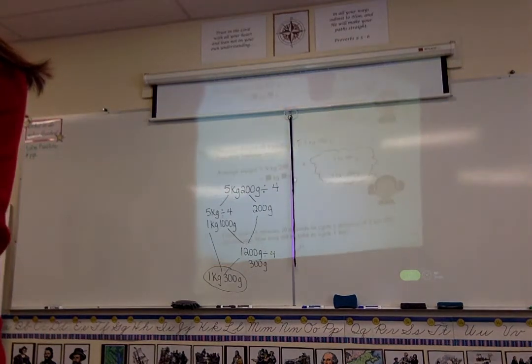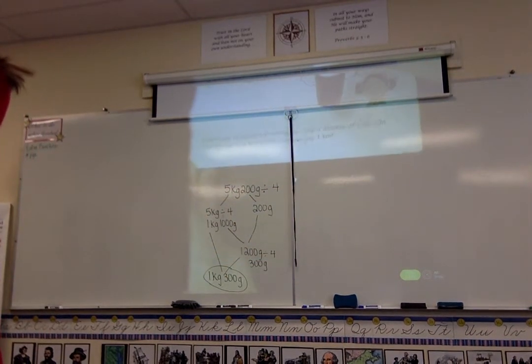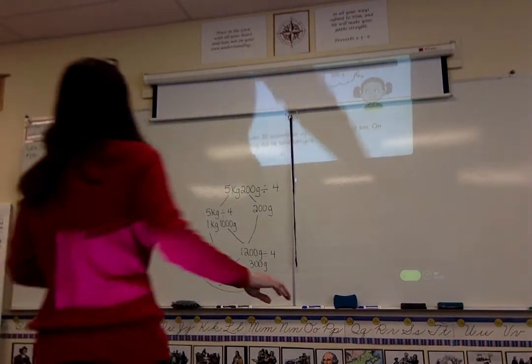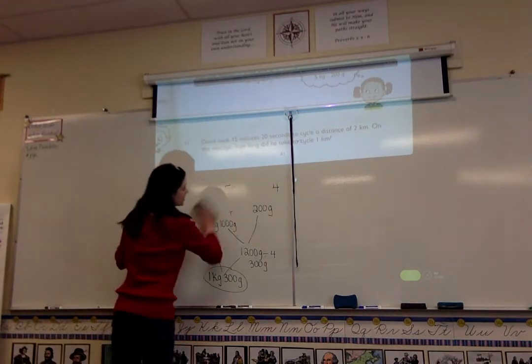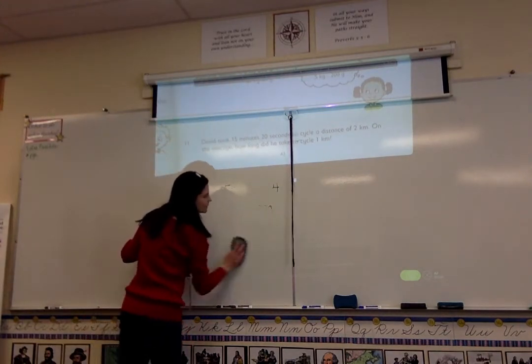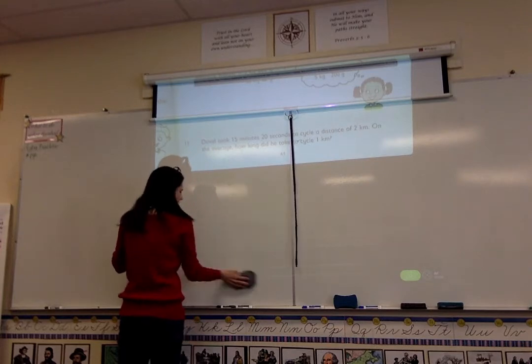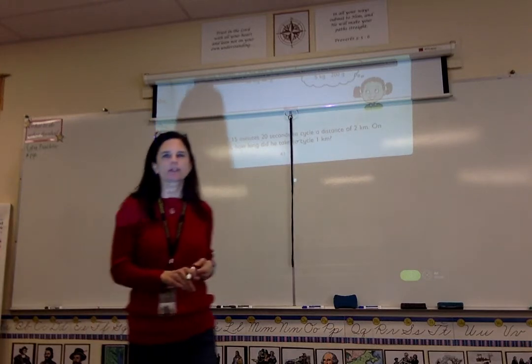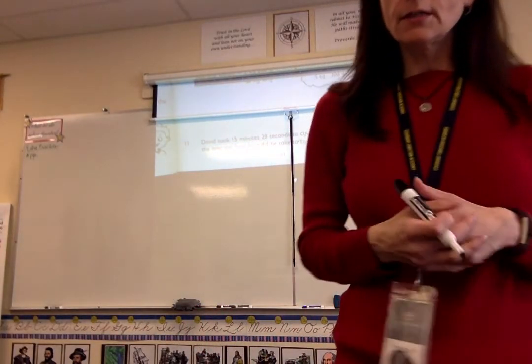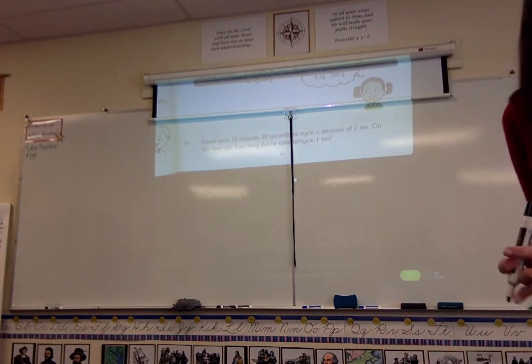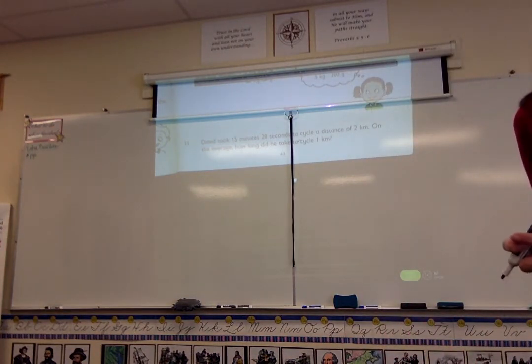Okay, so we're looking at number 11 on the same page here, page 41. So again, we're still working on multiplying and dividing in compound units. So let's take a look at what number 11 says. Number 11 says, David took 15 minutes and 20 seconds to cycle a distance of 2 kilometers. On average, how long did it take to cycle 1 kilometer?